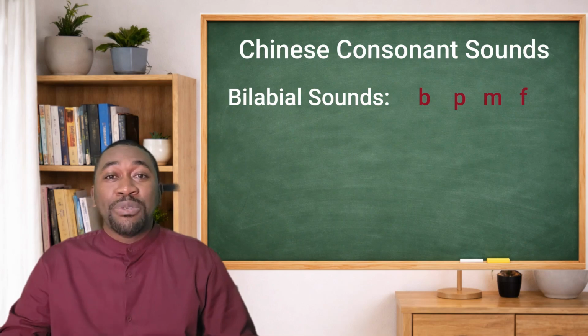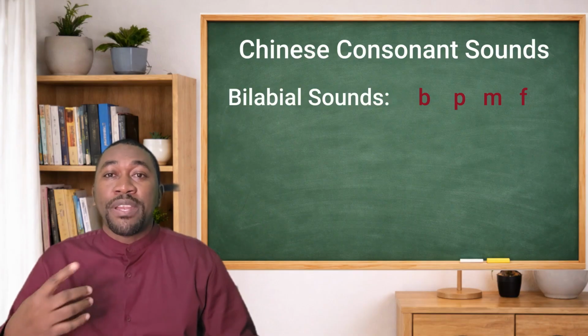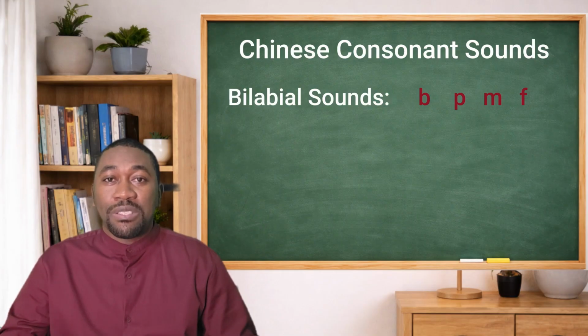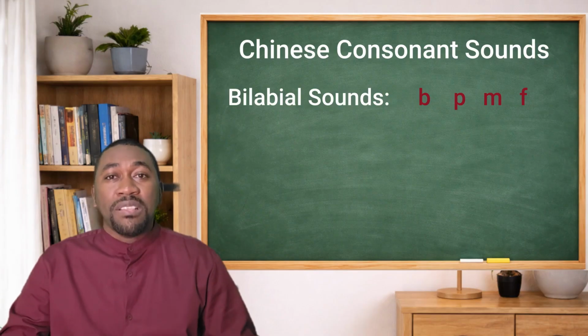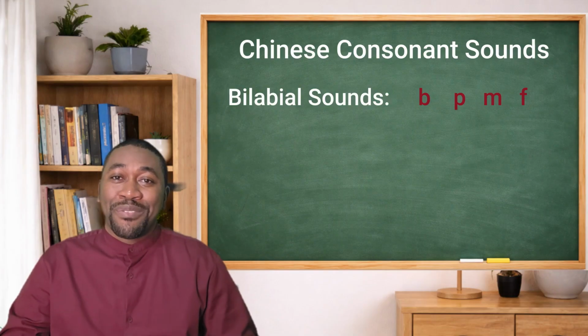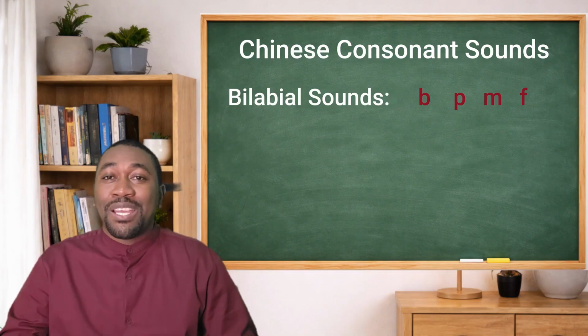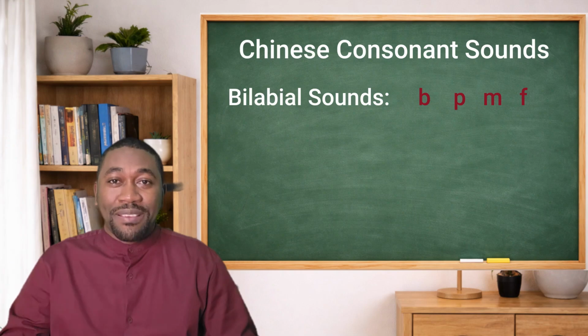But before we get to the names, these first 4 are called bilabial sounds, which means you use both lips to make these sounds. But one might ask, what about the letter F? Yes, that one you'll use one lip and your teeth, but I grouped it with the other 3. That's why I say you'll see different divisions depending on your source. But for now, we're going to group these 4 together.